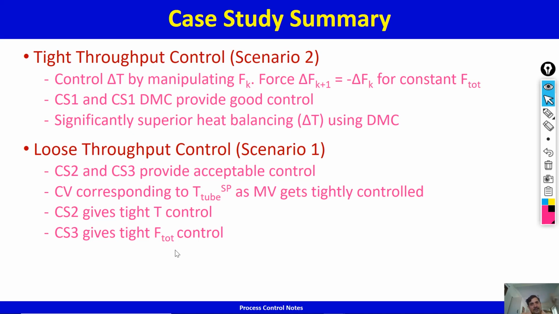So there is an economic incentive there that makes this worth it, and so you will find that in many refineries DMC is applied for furnace pass load balancing. So that is the end of this lecture, and I hope you found it useful.